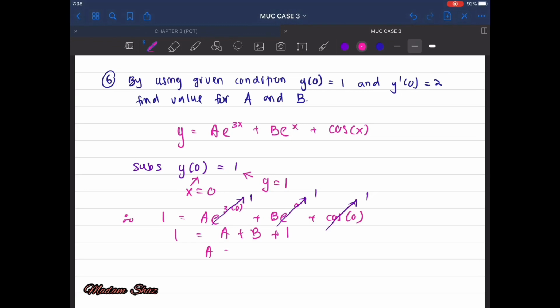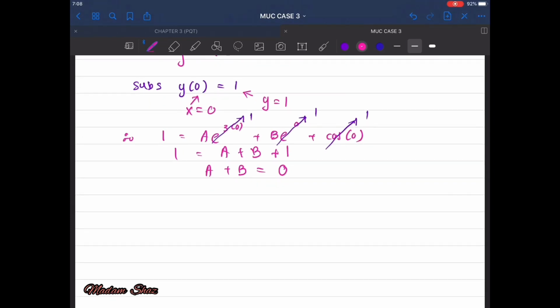So you can simplify more. A plus B is equal to 0. Positive 1 bring to the left hand side, so 1 minus 1 will become 0. So we name this one as equation 1.